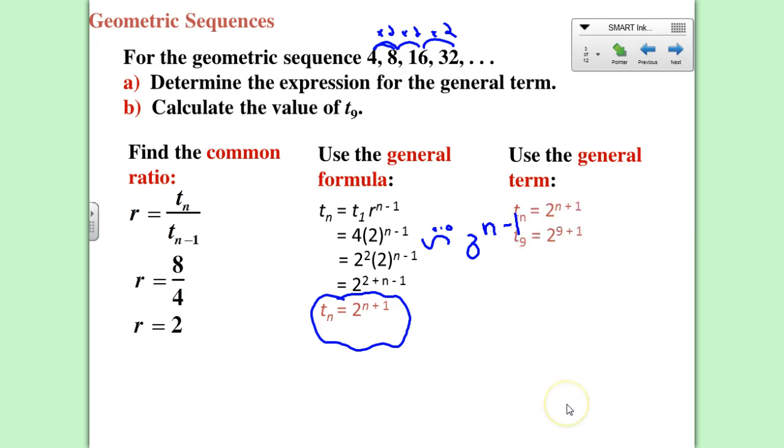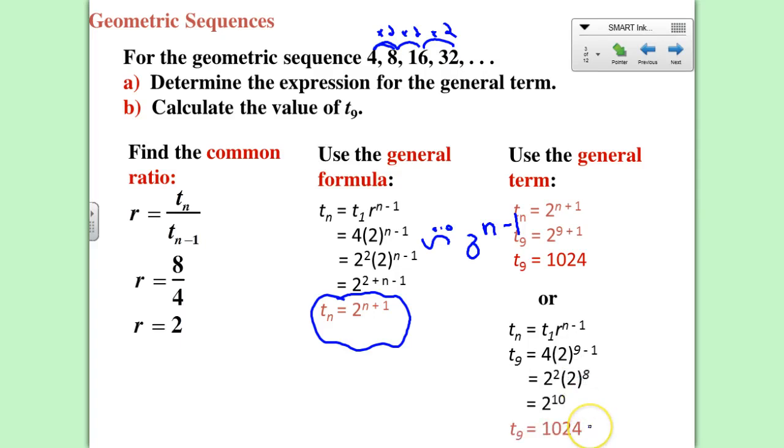Using that general term, if we're looking for term 9, we simply go 2 to the 9 plus 1, which is 1024. Or if we use the other version of the formula that we used last day, we still get the same answer, which is 1024. All right, so just using algebra to simplify the general term.